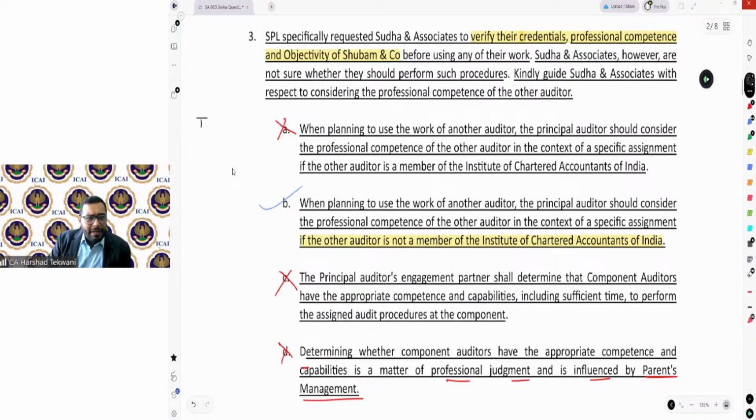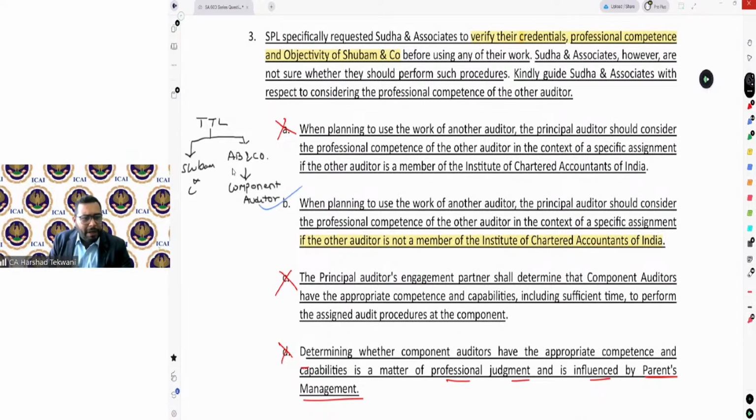Let's say for example, TTL appointed ABN company as their component auditor, and Shubham and Company as their statutory auditor.